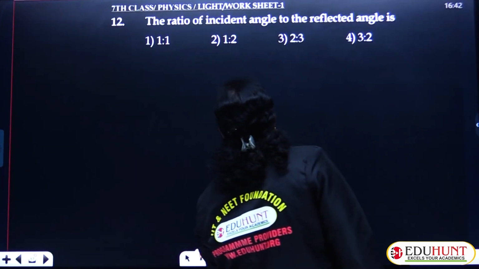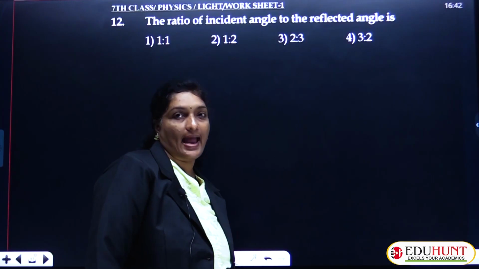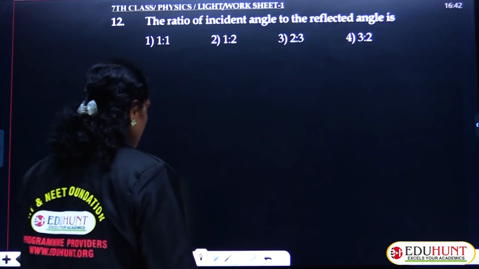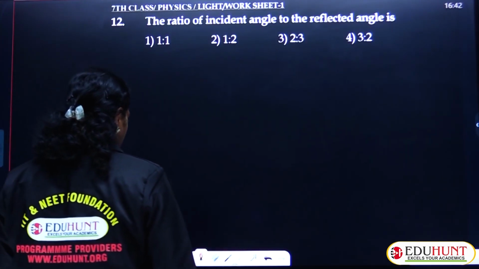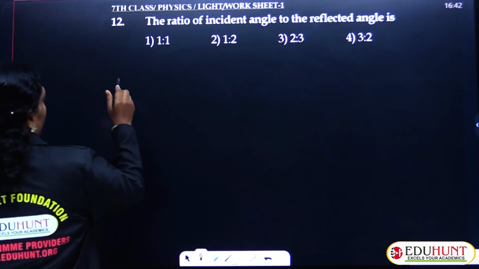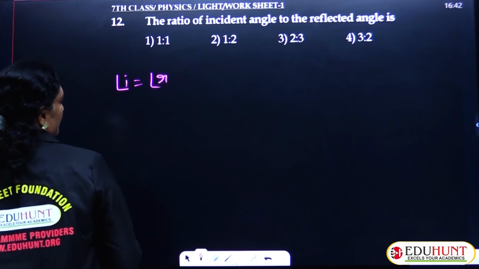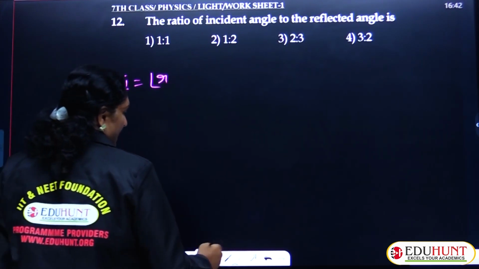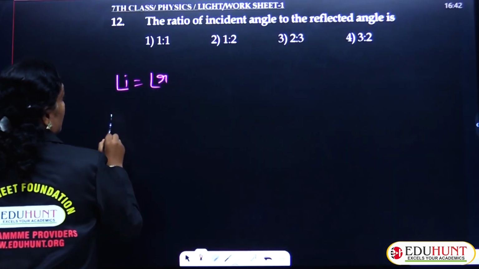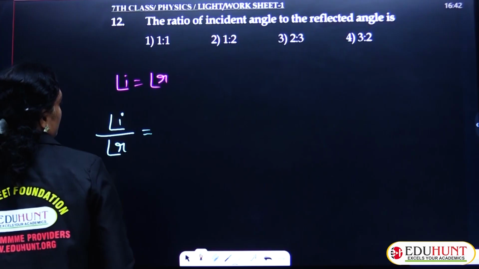So what is given? The ratio of incident angle to the reflected angle. What you are asked to find out is the ratio of incident angle to the reflecting angle. We know that angle I is equal to angle R. In the question they are asking us to find the ratio of angle of incidence to the angle of reflection.